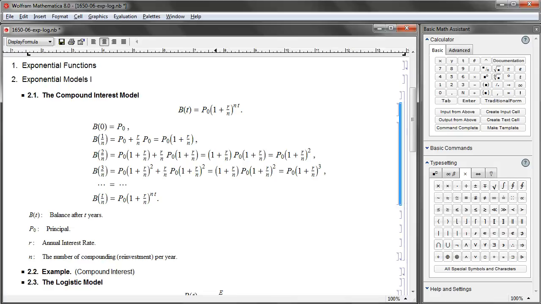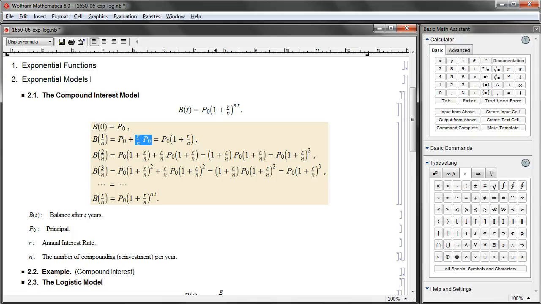How does this formula work? It goes like this. Initial balance will be the principal, the money you put in. Now, 1 over N looks a little bit intimidating, but actually it's 1 compounding period later, so 1 month later, for example, when N equals 12, or 1 quarter later when N is 4. Then we have the principal, and this is the amount of money that grew through the reinvestment.